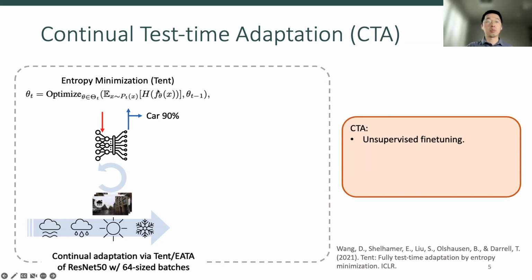Say this is a pre-trained model f_theta, then we can compute the entropy per sample, and we will minimize the average entropy over the batch of samples. This optimization is done in one step of gradient descent for each batch of data. Then when you continually feed batches of data into the model, you will be able to continually update the model towards the different environments.